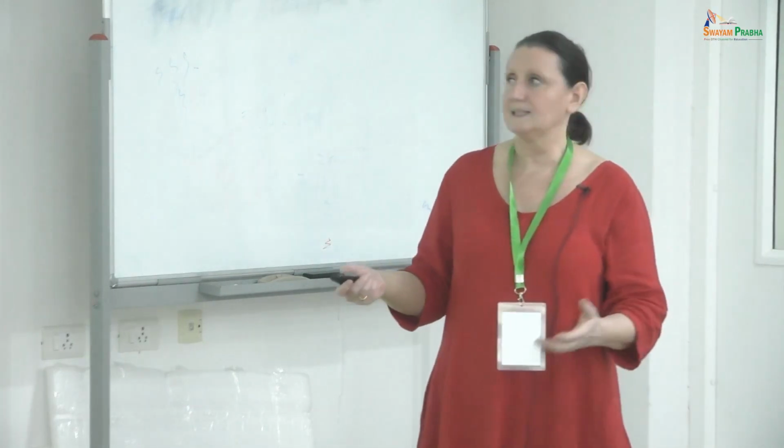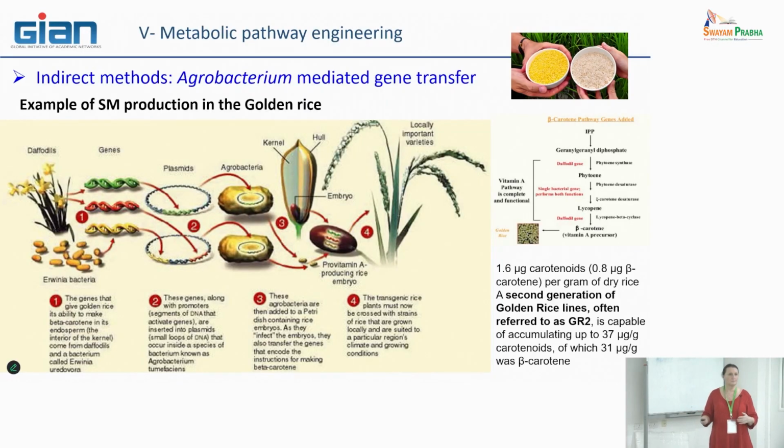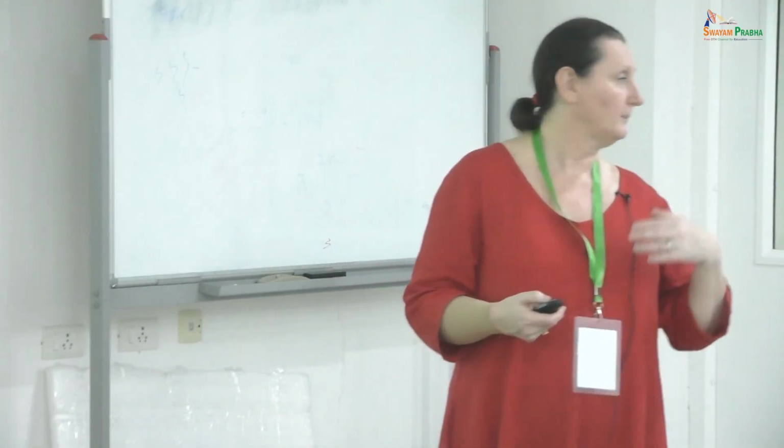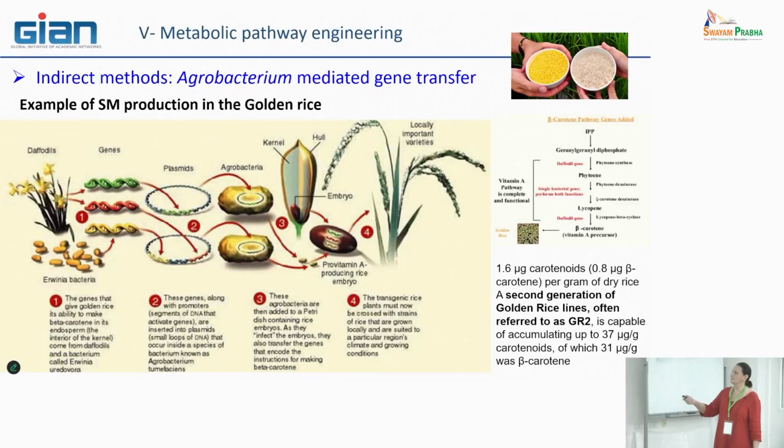And from these cells, they produced some callus, and from this callus, they regenerated plants, and they obtained several plants of rice that, for some of them, not all, were able to produce beta-carotene. It was easy to see because the color of the rice is naturally more gold than the normal one.